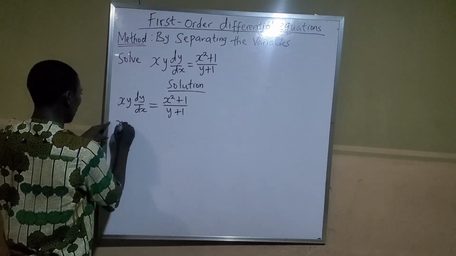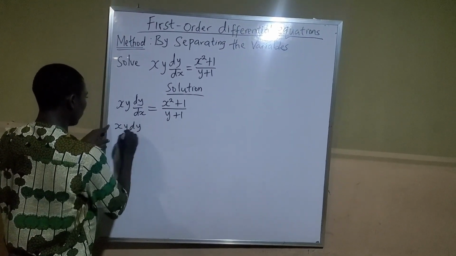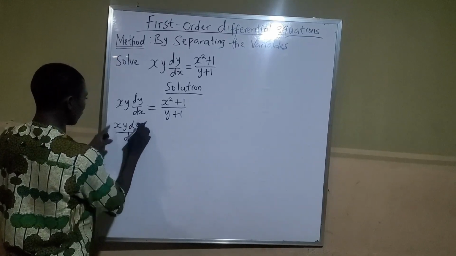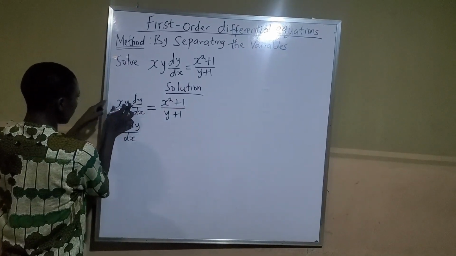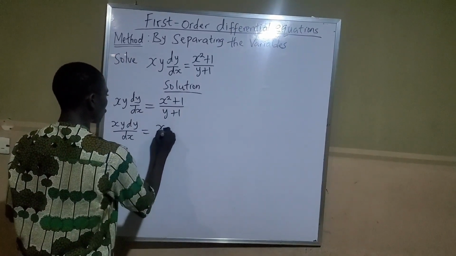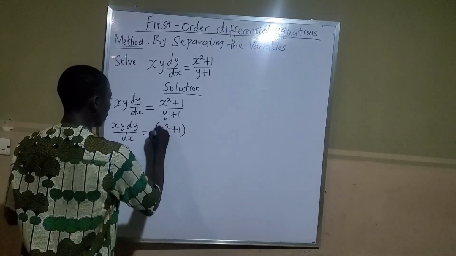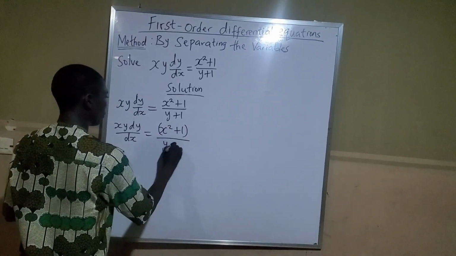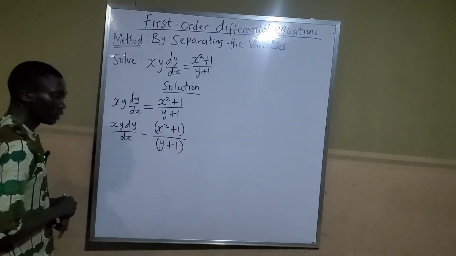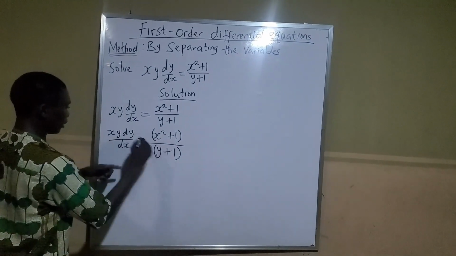I have x dy over dx. You know, this is still the same thing as this, right? We have x squared plus 1 over what? y plus 1. Okay, all right, so let's cross multiply now.